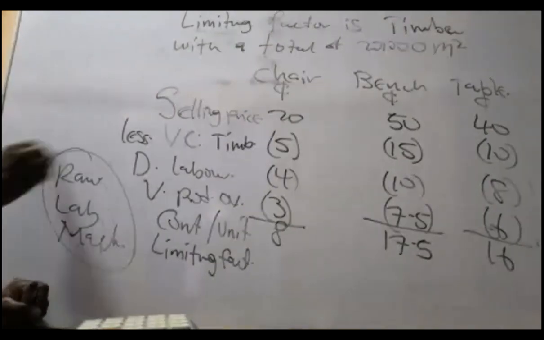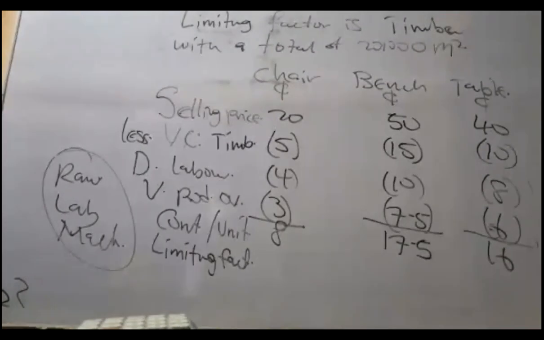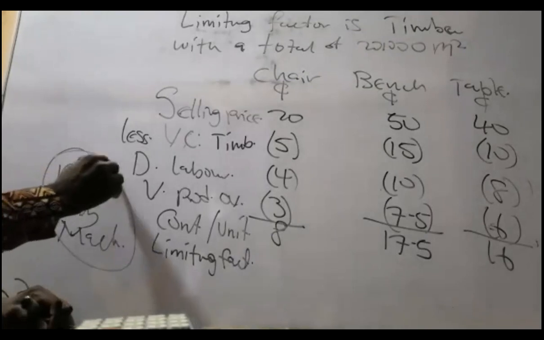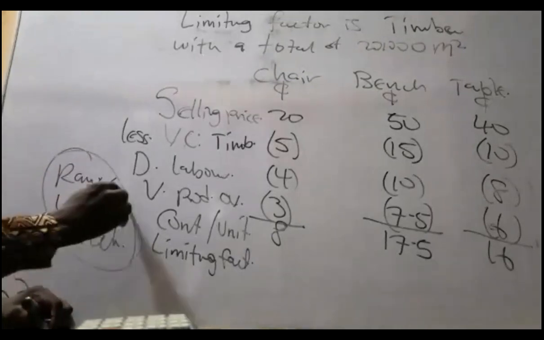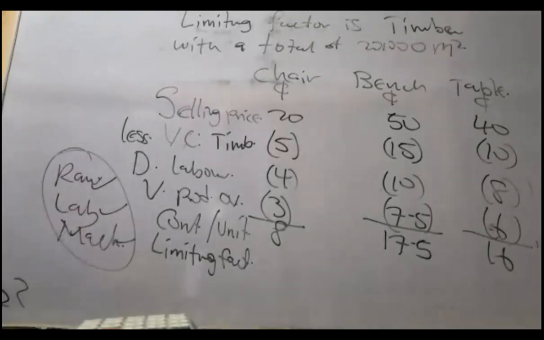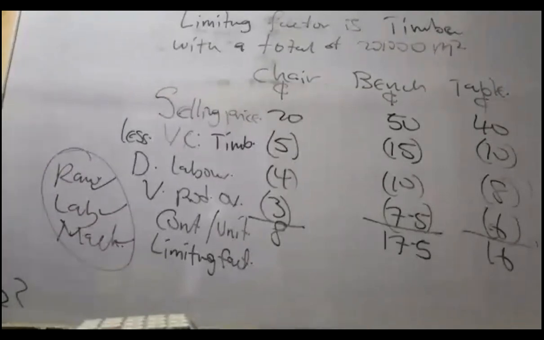These are the three. Most of your exam question, the limiting factor that we are going to state in a question will be either raw material or labor or machine hour. Even though in reality there are a lot of limiting factors.